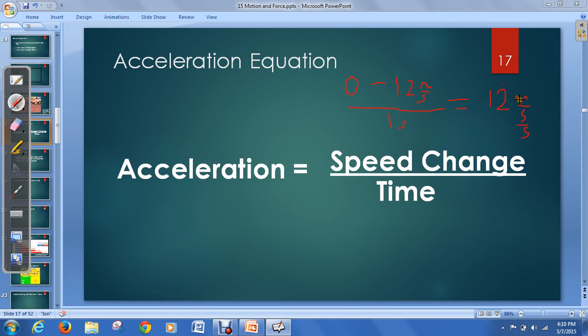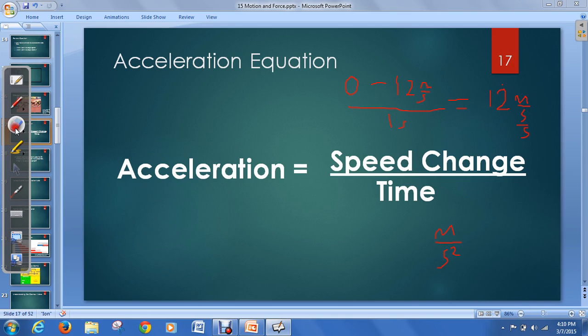A lot of people say, well, that's kind of weird. You have a second over a second. Well, you've got to think about it. They went 12 meters per second, right? They changed their speed by 12 meters per second every second. Sometimes you'll see this written out as meters per second squared. That's kind of the unit for acceleration. But just think of it as meters per second, right? They're changing their speed by 12 meters per second every second.